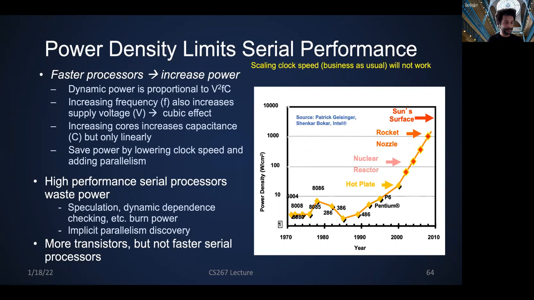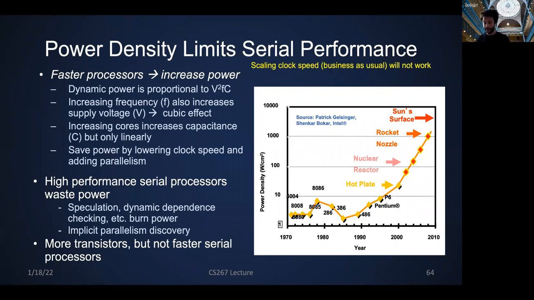So the dynamic power is proportional to the square of voltage and frequency times the capacitance. The solution people have found: they can still increase transistor density, but instead of increasing frequency, they're just going to add more parallelism and put more and more cores.